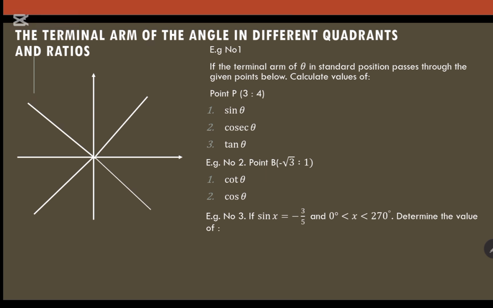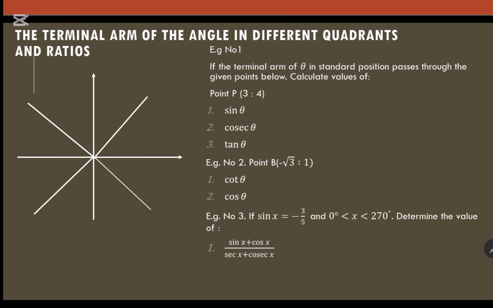they say, if sine x is equal to negative 3 over 5, and the angle x is less than 270 degrees but greater than 0 degrees.